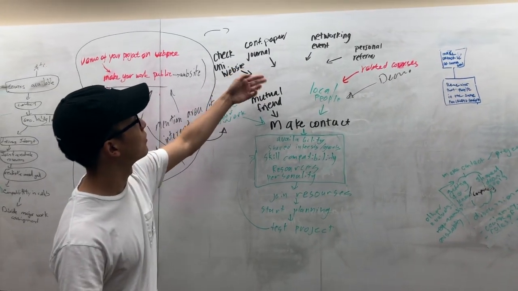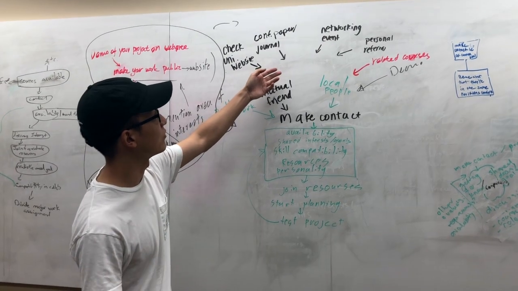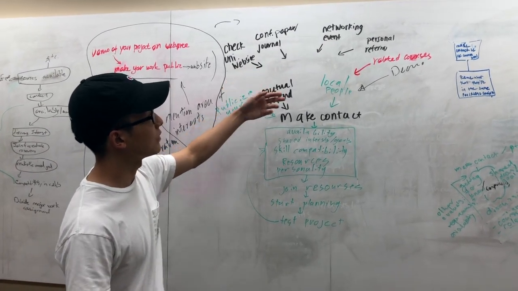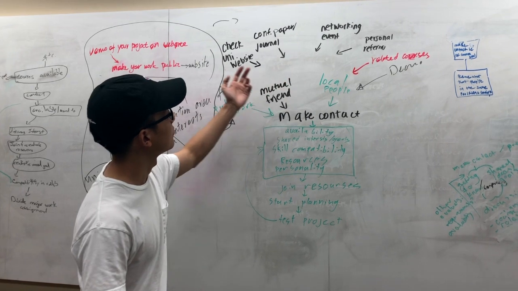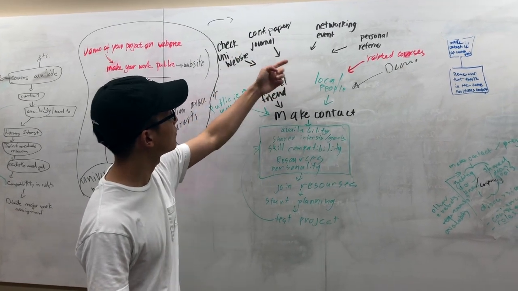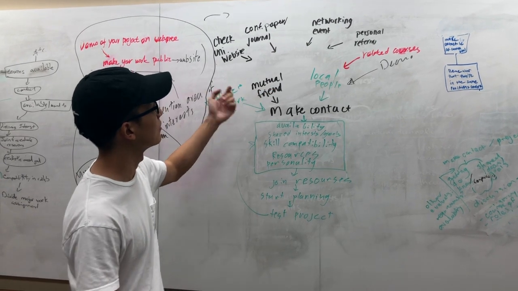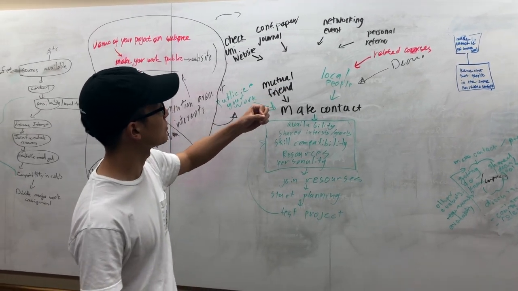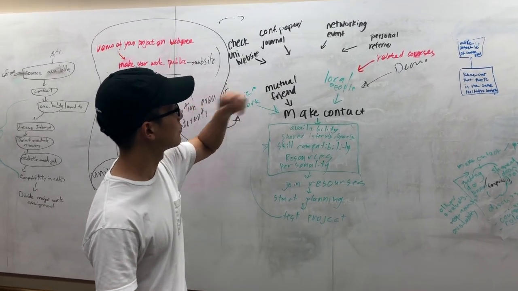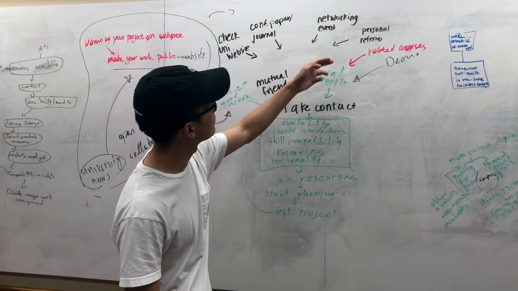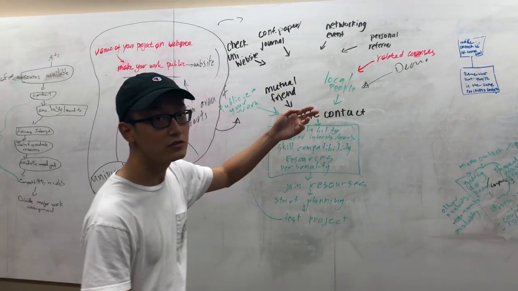And if you go to a conference or a journal, you can meet more potential collaborators there, and at some networking events. Also, mutual friends recommended by your friends with similar research interests, some faculty members, and also personal references.